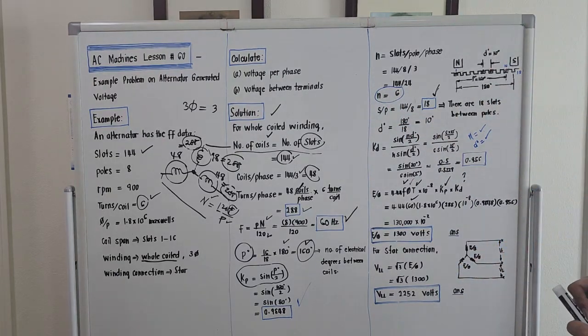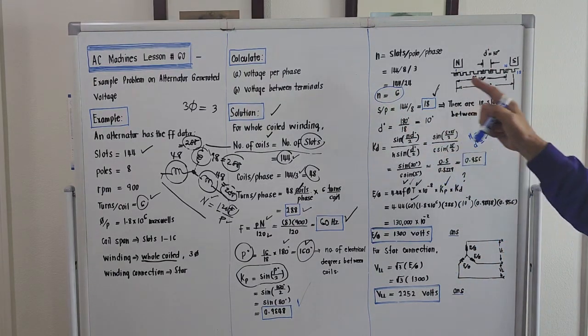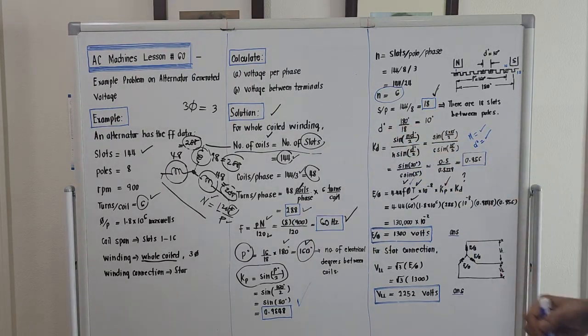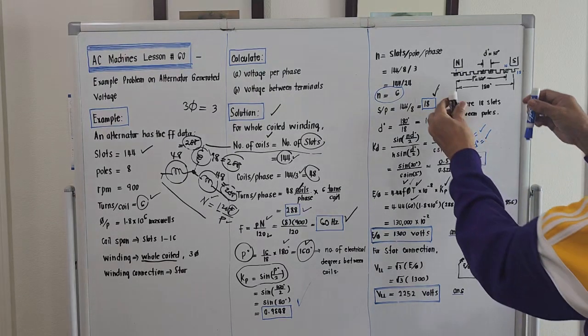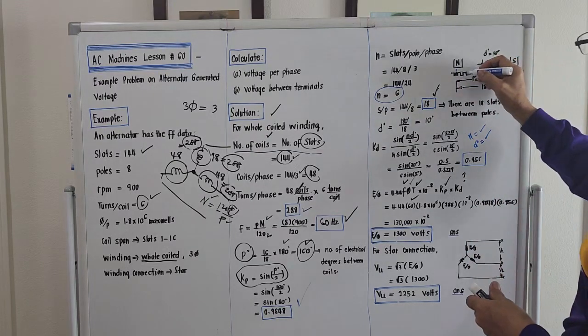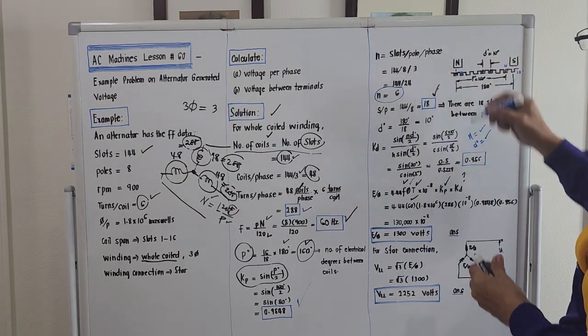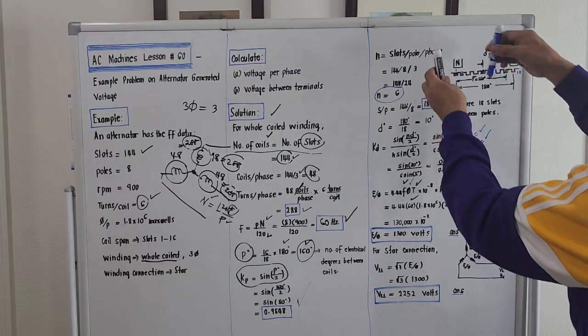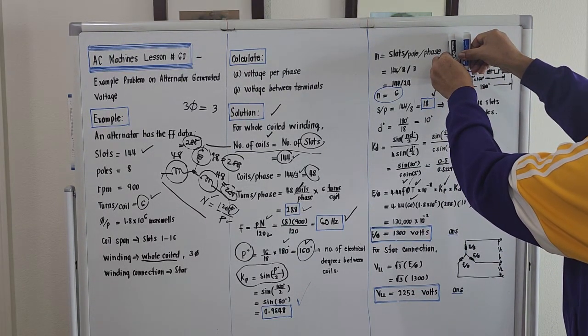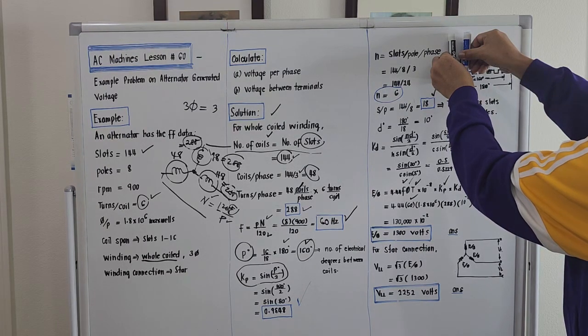Okay? So we now know n. The only problem now is d. What is d degree? D degree is actually the total number of electrical degrees between slots. If this is slot number 1, and this will be slot number 2, the total electrical degrees between slot number 1 and slot number 2, how do we compute for that one?